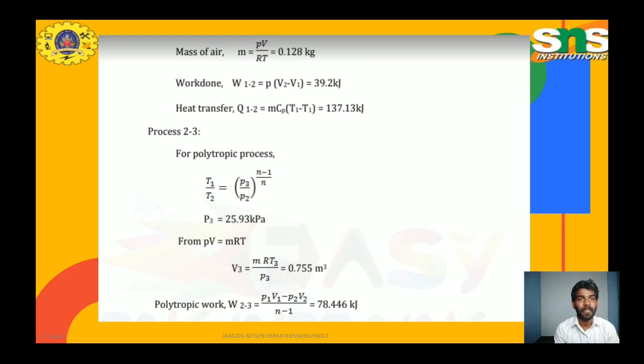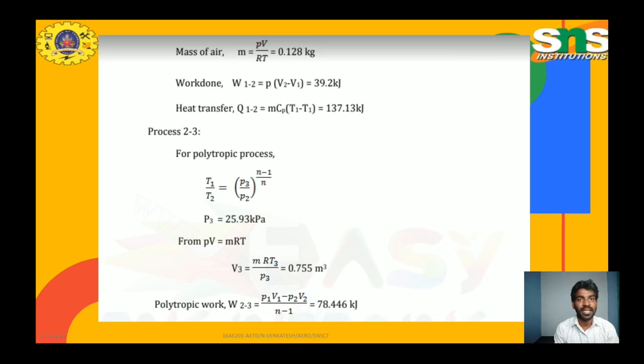0.128 kg. In a constant pressure process, the work done formula is P into (V2 minus V1). We substitute the P value, which is a constant, P1 is equal to P2, and V2 and V1 are in the given data. So finally we get 39.2 kilojoule.